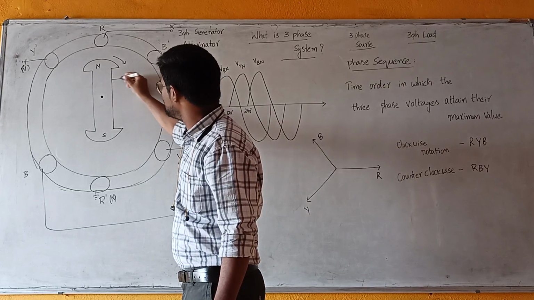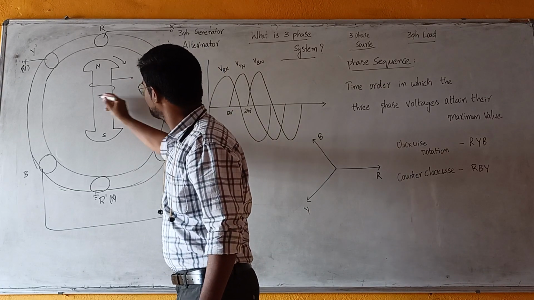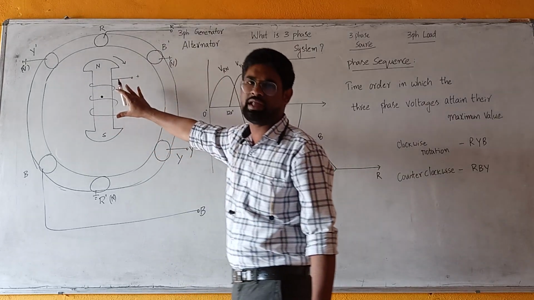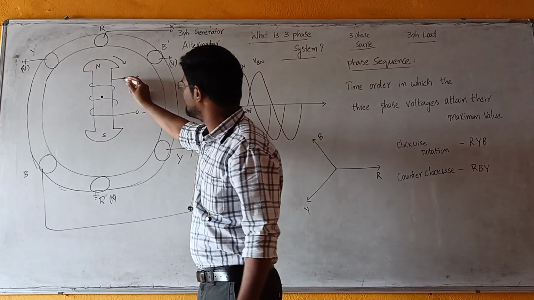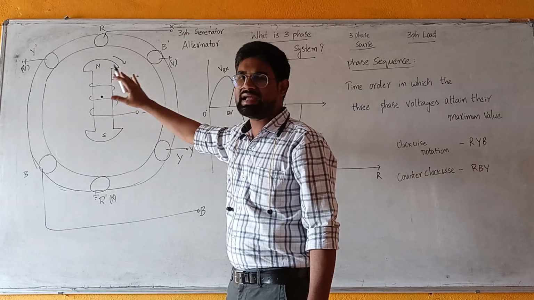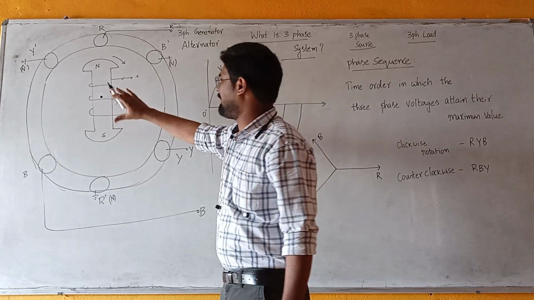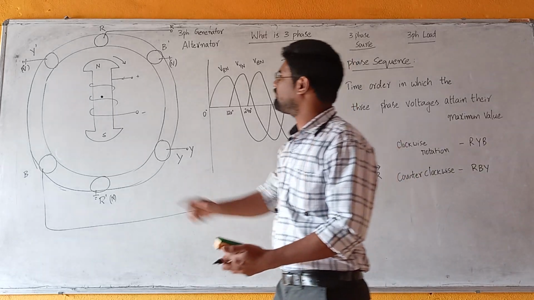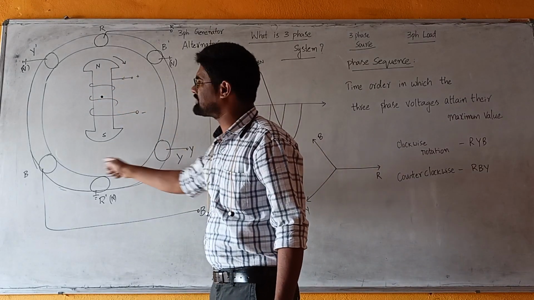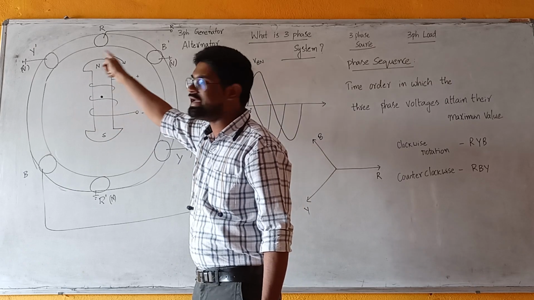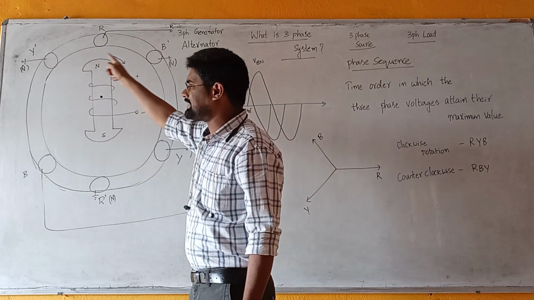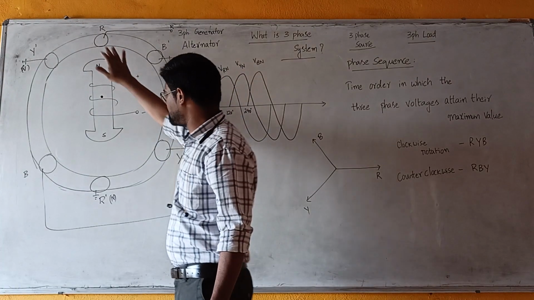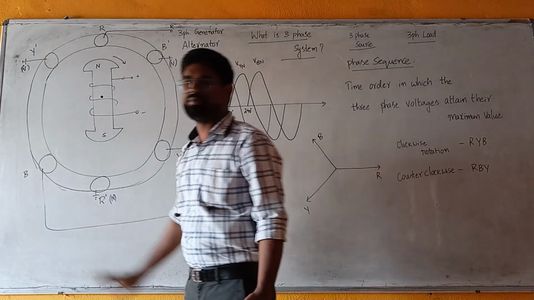We use a winding on this, and when we excite this winding with a DC supply, a magnetic flux is produced and magnetic poles, north pole and south pole, are created. When this magnetic rotor is rotated, the flux rotates, and while rotating, this flux cuts the stationary conductors R, Y, B.